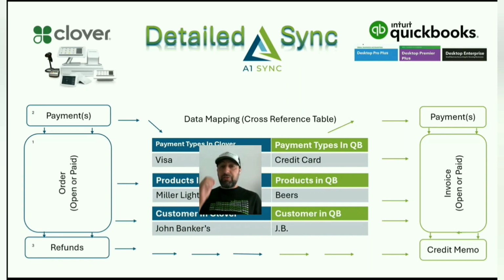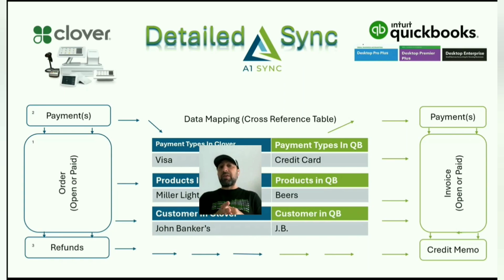That's another thing that I've sort of neglected to mention here, right? So payment type requires cross-references because in Clover, you have Visa, MasterCard, American Express. That's a perfect example. In QuickBooks, you have credit card. Right? Then you'll create your own tender types to cover your Uber, your Yelps, or whatever other prepayments, payments, or outside processors.